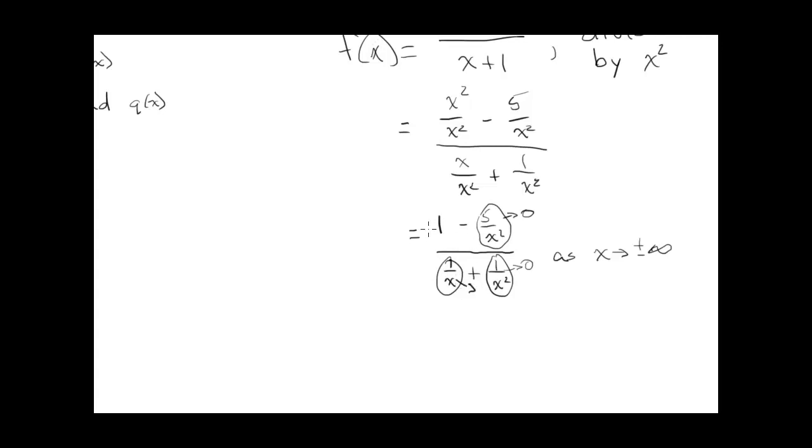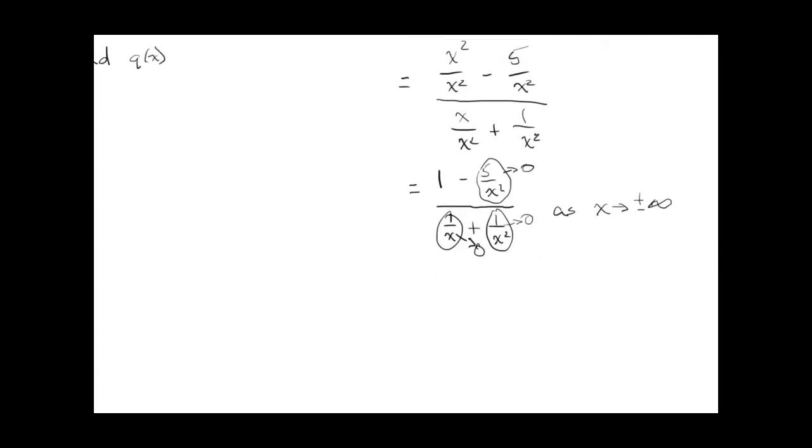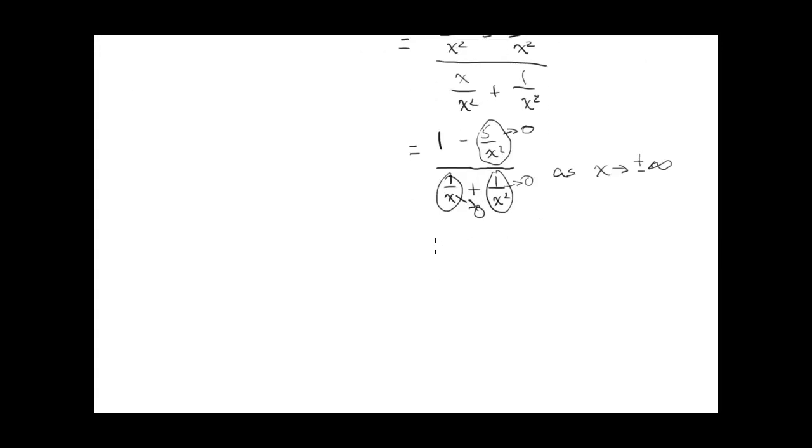So you've got 1 divided by something approaching 0. Not 1 divided by 0, but 1 divided by something approaching 0. So 1 over something very small. Well, 1 divided by something very small would be something very big. How big?